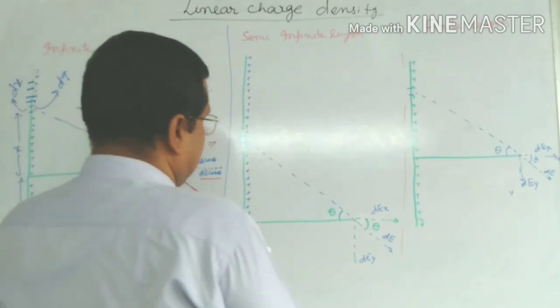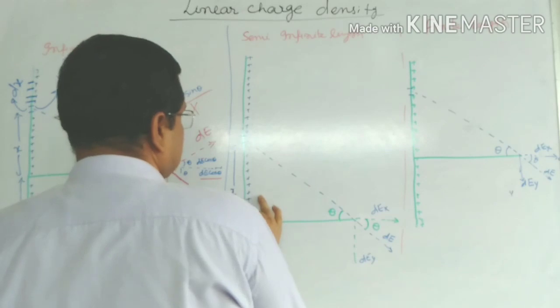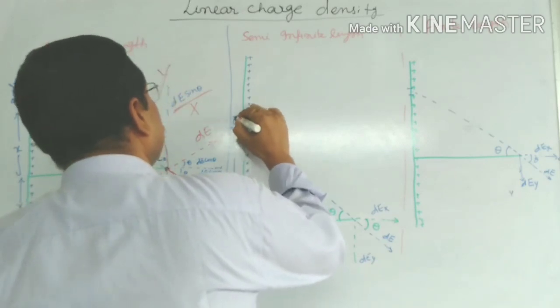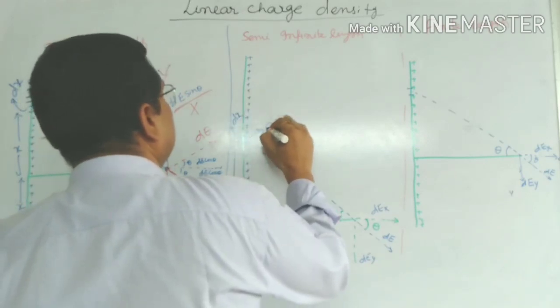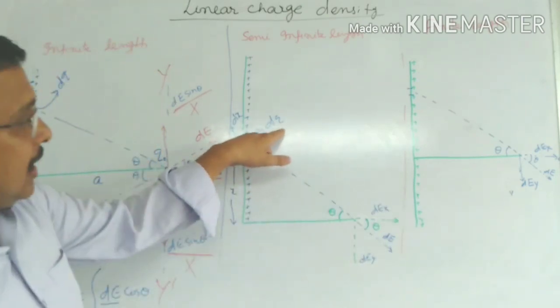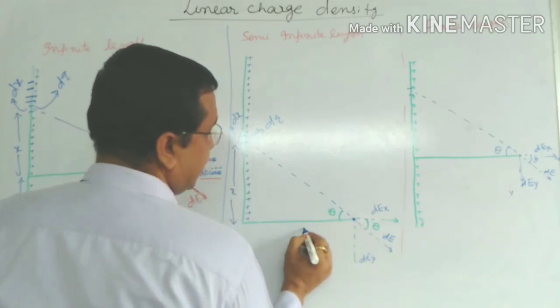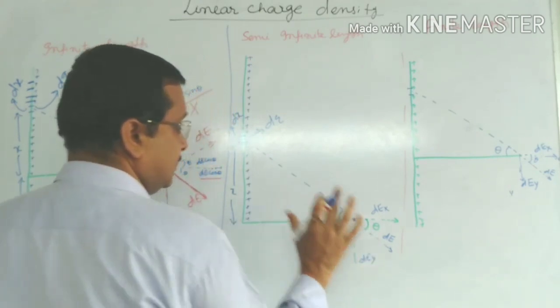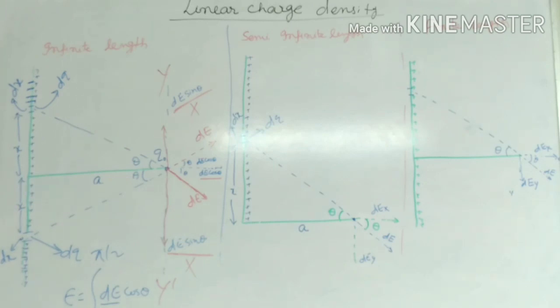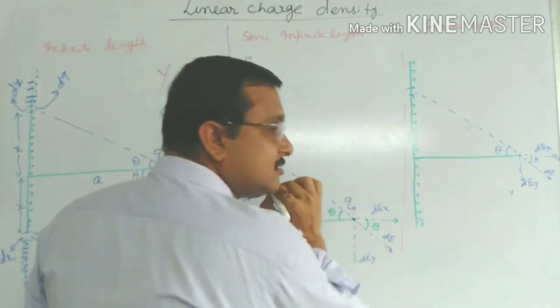So on the positive side, at a distance of x, same concept, we take a length dx where dq charge is established. For dq charge, the electric field at this point, this distance is given as a. Suppose we have placed a test charge Q0 here.